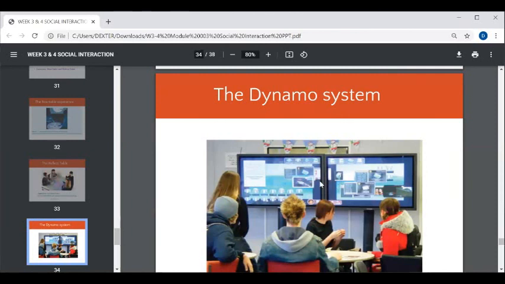The Dynamo system. Okay, so Dynamo is the world's first communication device with both a dynamic display and digitized speech capabilities. It is the smallest device in the Dynabox family of products and is often a stepping stone for future communication success.